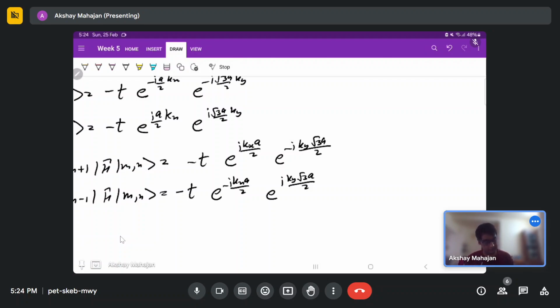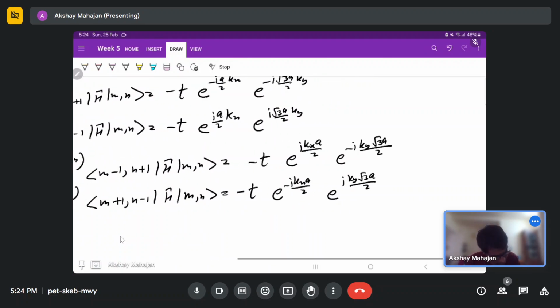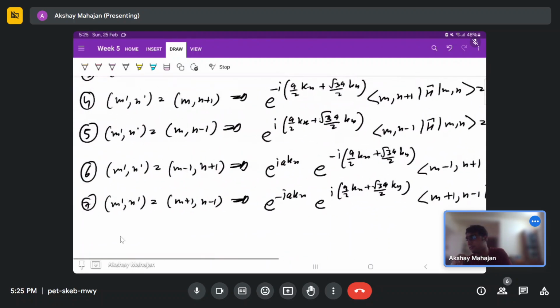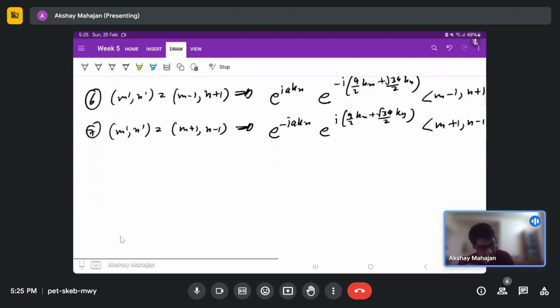Alright. e to the power minus iota kx a by 2 e to the power iota ky root 3 a by 2. So this will be our seventh term. So these are all the seven terms, and now we just have to add them.